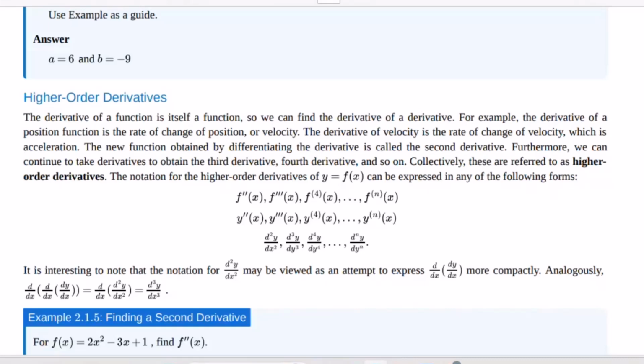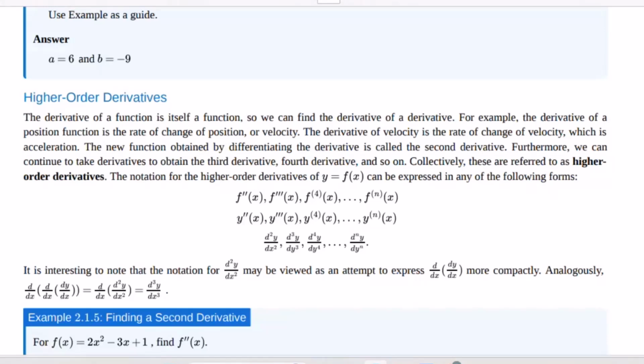So first of all, I calculated f of x plus h. I started by substituting 2 into x plus h all squared minus 3 into x plus h plus 1.